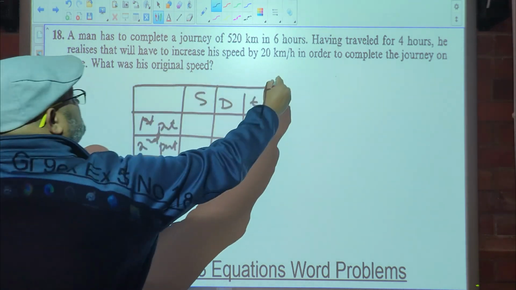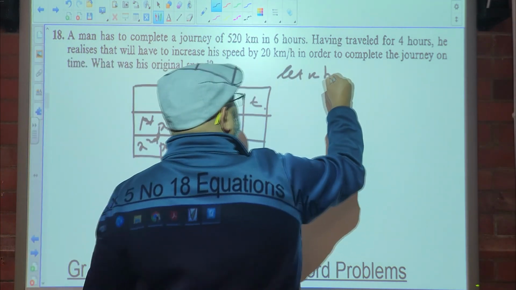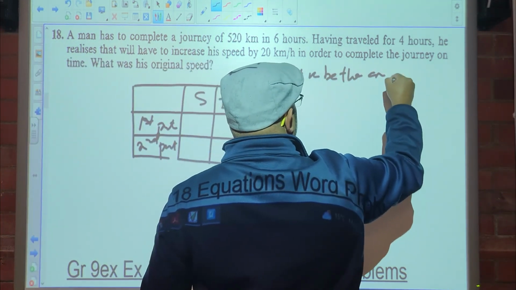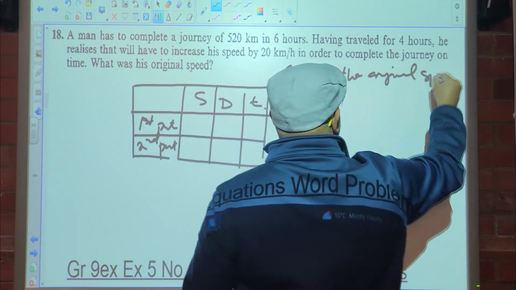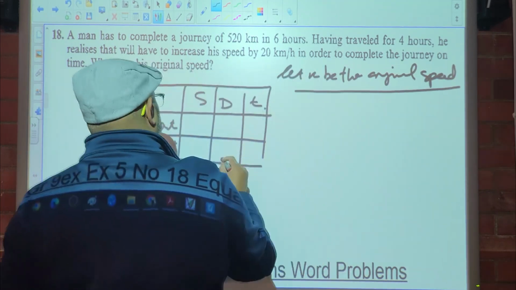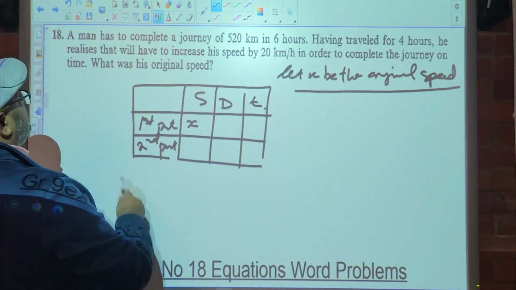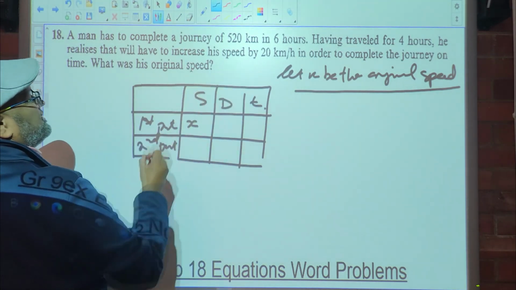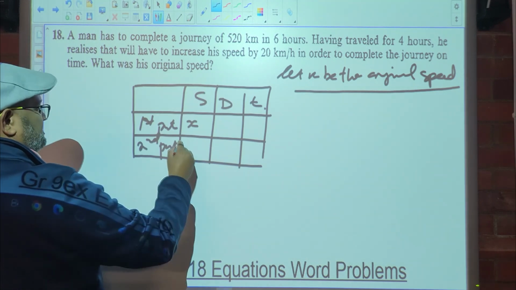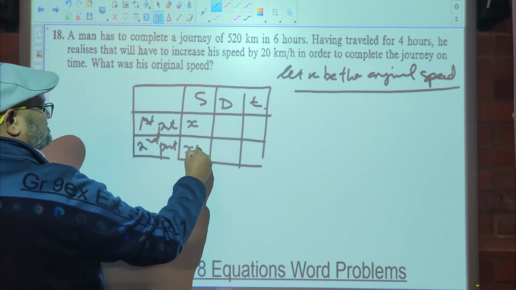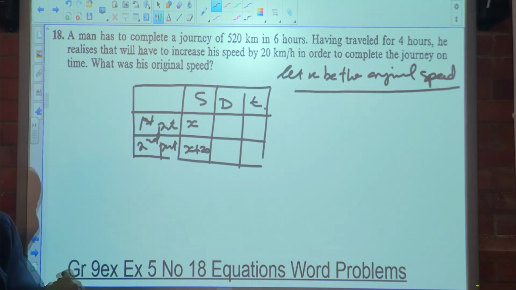The original speed, so we say let x be the original speed. He will have to increase his speed by 20 kilometers per hour, so it's going to be x plus 20 kilometers per hour.